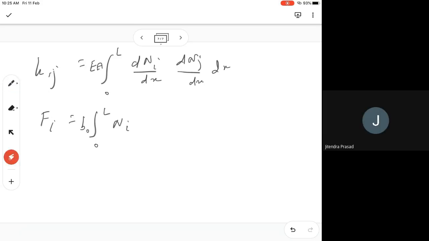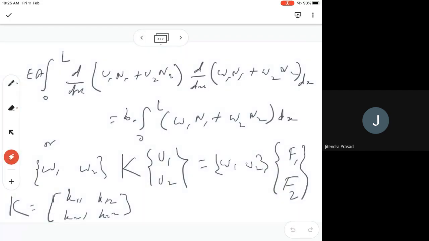So we have Fi is equal to B naught Ni multiplied by dx. That's it. You can see from here, this is F1, this multiplied by W1. So this whole thing is equal to W1 times F1 plus W2 times F2. Whatever multiplies W1 is F1, meaning B naught multiplied by this Ni.